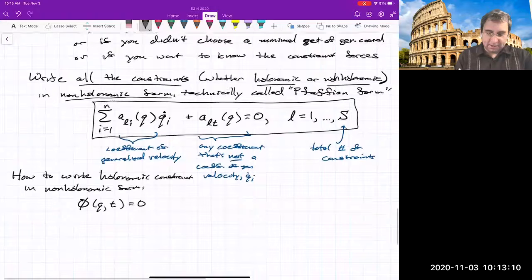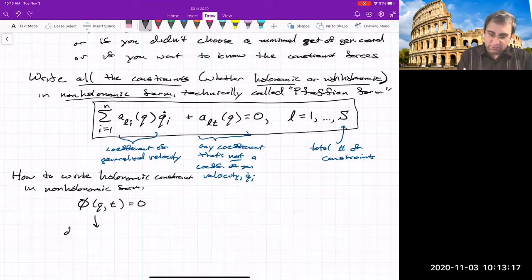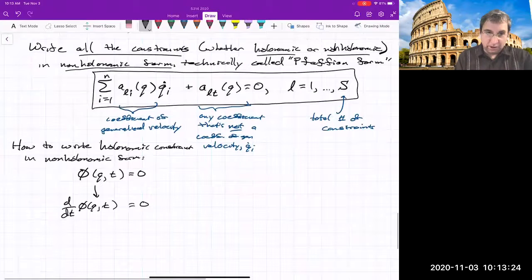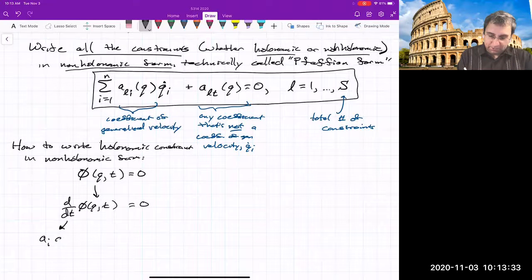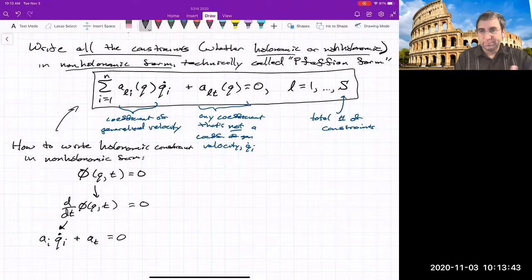We then take the total time derivative of this. So if phi equals 0, then the total derivative of phi also equals 0. And if you work out what this left-hand side gives you, it's going to look like some coefficients times q_i dot plus some other coefficient. And so it's in the appropriate form, just by the chain rule.